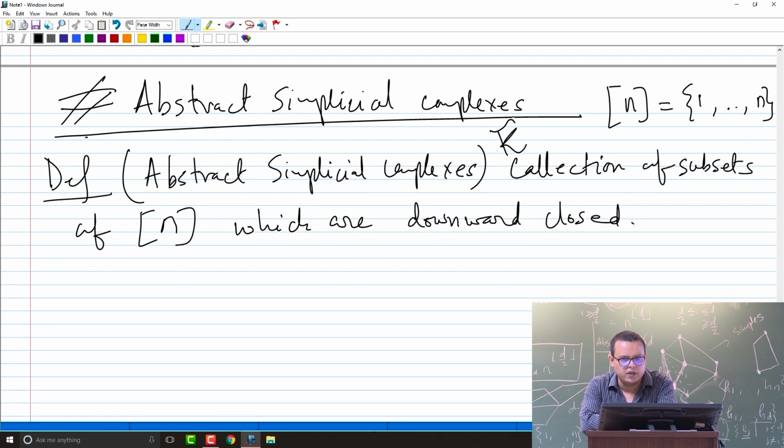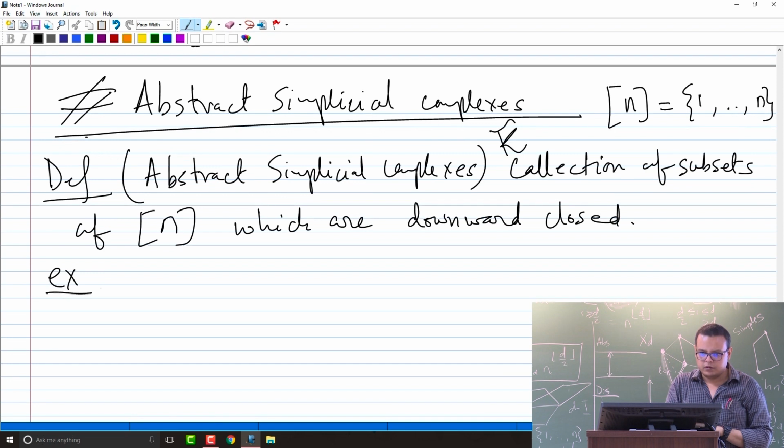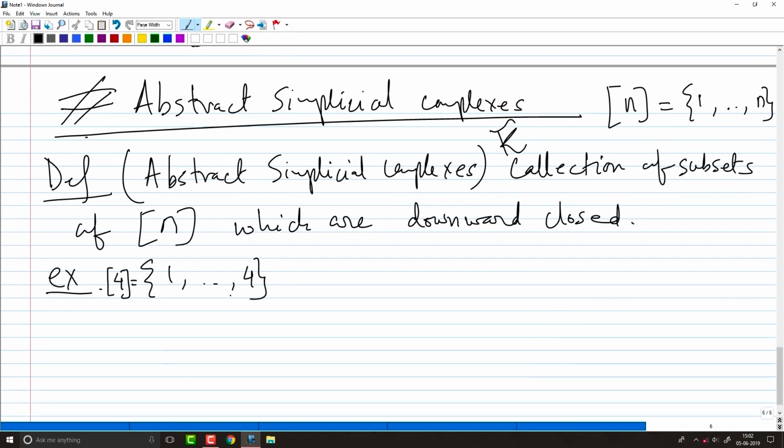Does it make sense what I am saying? Okay. I will just give one example to see. Let us say I am working with 4. Then let us say my K tilde includes the empty set, and all the subsets is what I am including. Sometimes they include the empty set, sometimes they do not, but I want to work with this simplified definition.